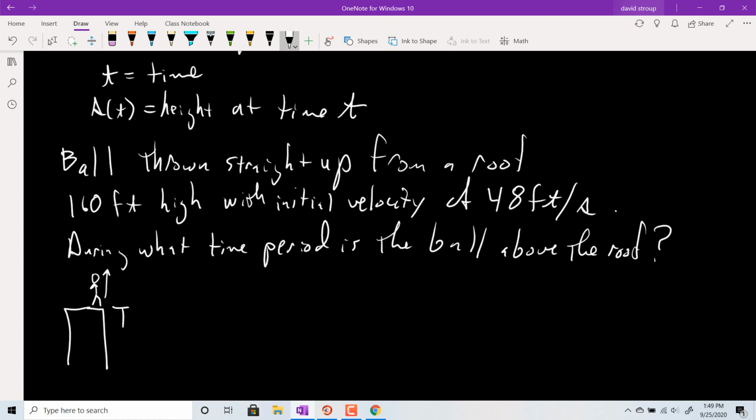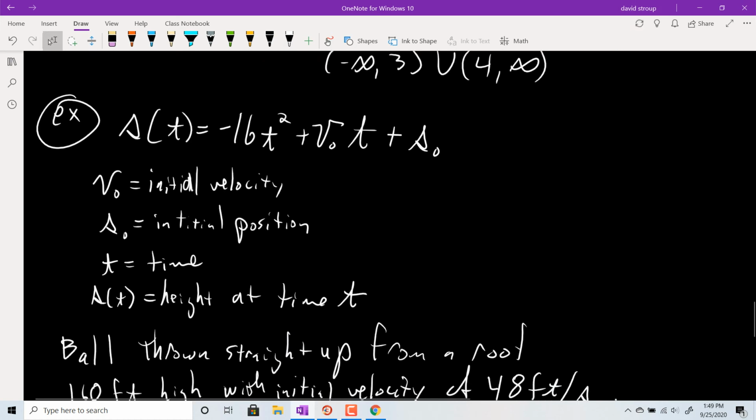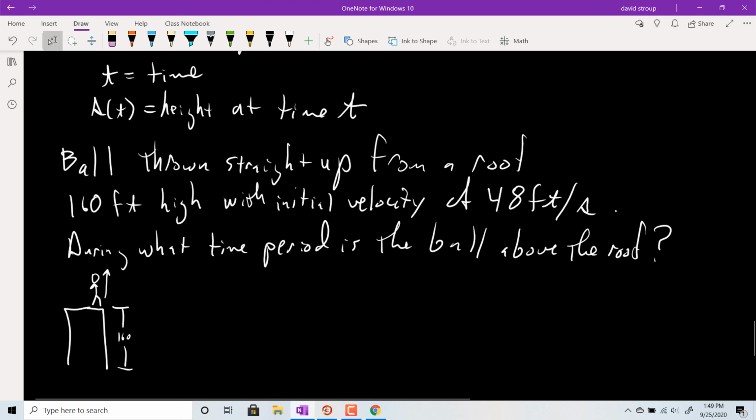The roof is 160 feet high. For our formula, we need the initial velocity and the initial position. The initial velocity is given as 48 feet per second. And the initial position is just the height of the building. We won't think about an extra 5 feet for the height of the person. Just the height of the building is good enough for our unrealistic scenario.